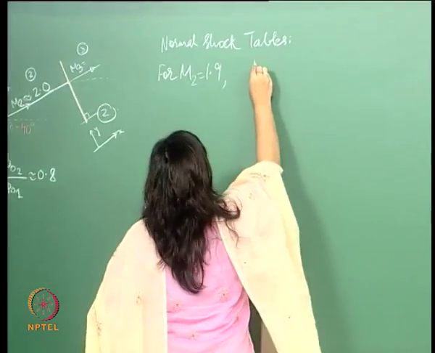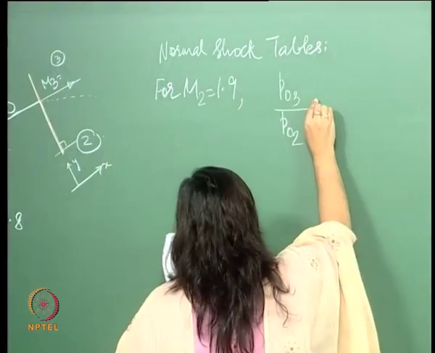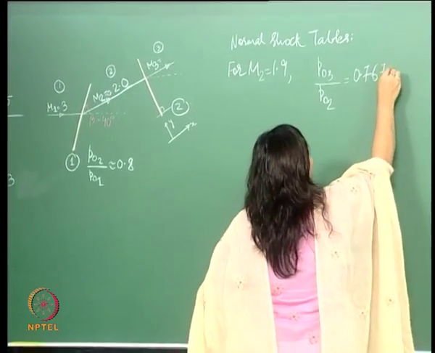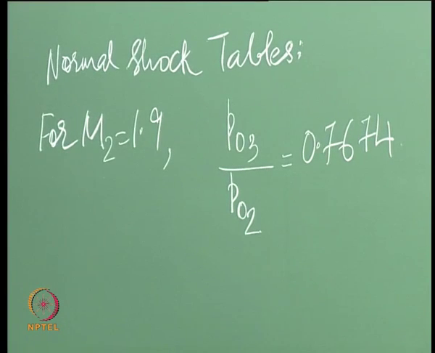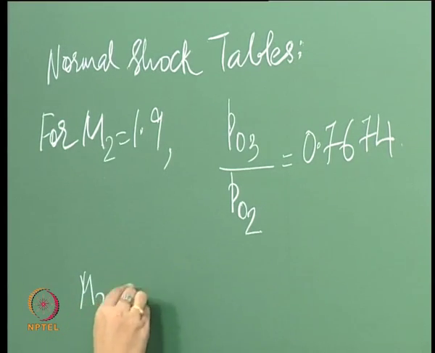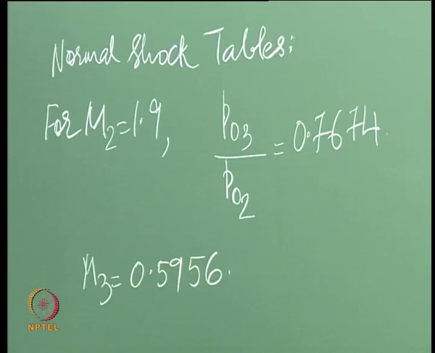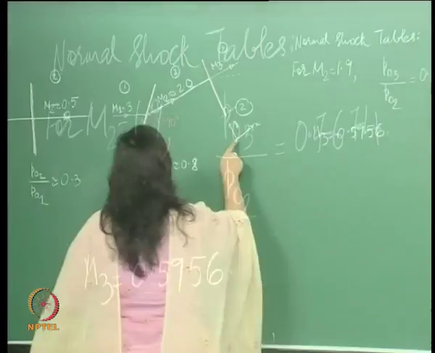Essentially we get a ratio for P03 by P02, which is nearly 0.8, and M3 comes out to be 0.5956, which is nearly 0.6. Let us write that down over here.